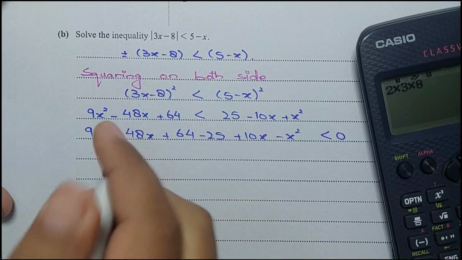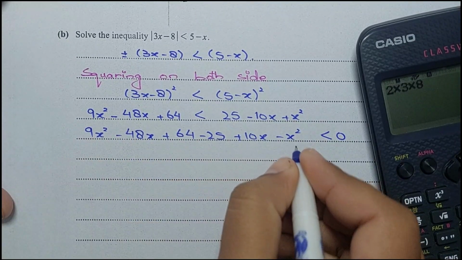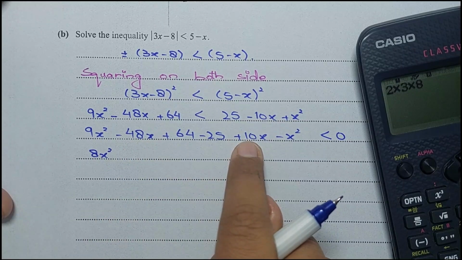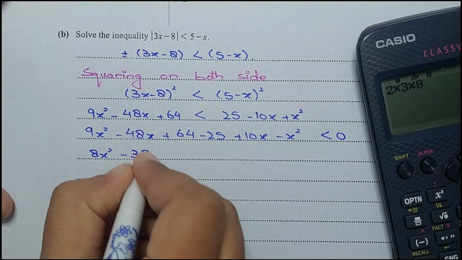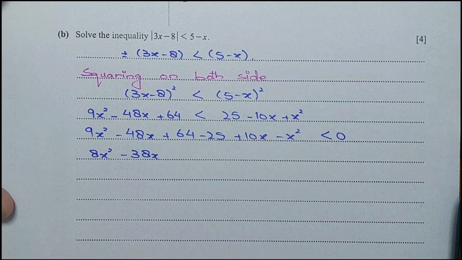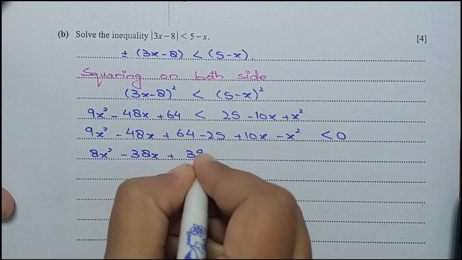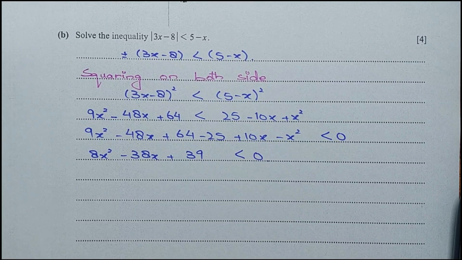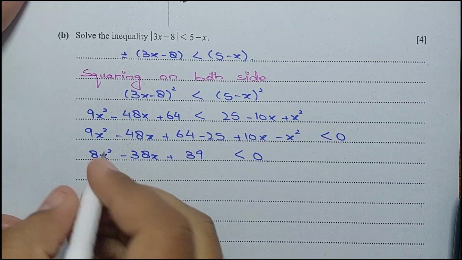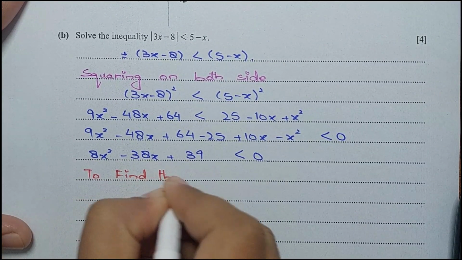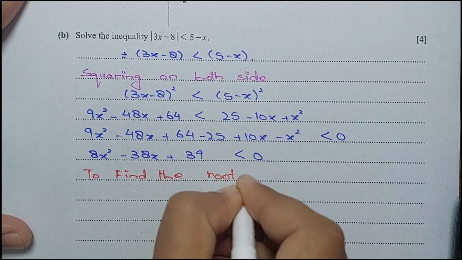So 9x square minus x square is just 8x square. Minus 48 and plus 10 is minus 38x. From 64, take away 25, that is 39, so plus 39, and this is less than 0. This looks like a quadratic equation, so let me apply the quadratic formula to find the roots.